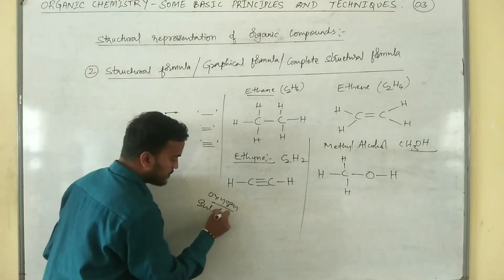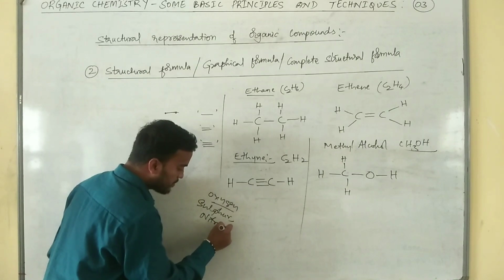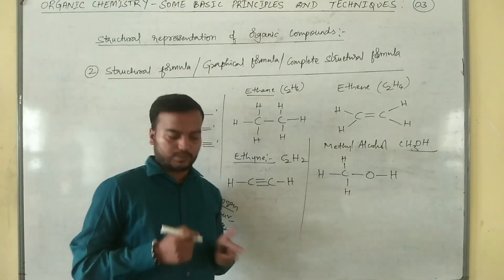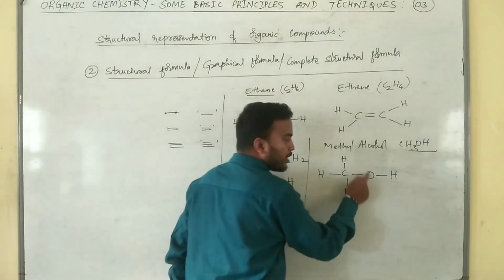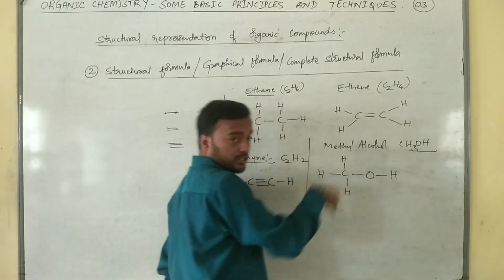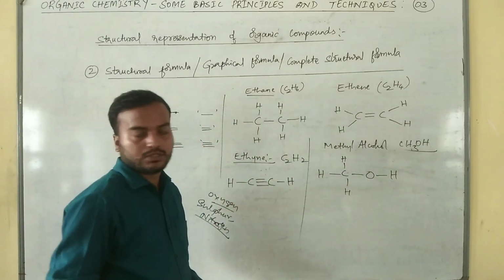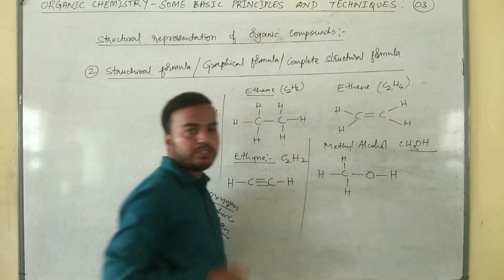Sulfur is also a heteroatom, nitrogen is also a heteroatom. So in this case, the lone pair of electrons on the heteroatoms may or may not be shown.